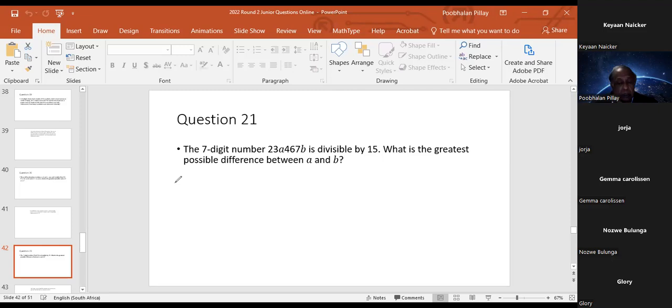So this number here, 23A467B, is divisible by 5 and also by 3. It's divisible by 15, you see.